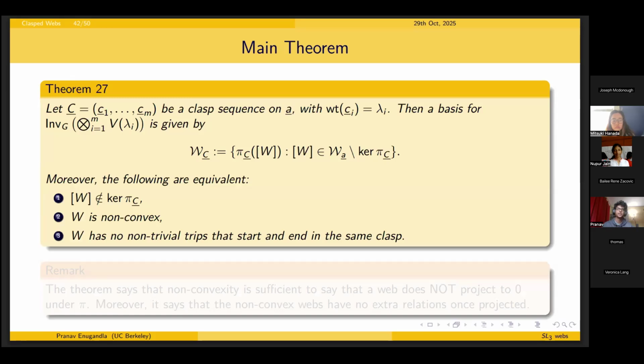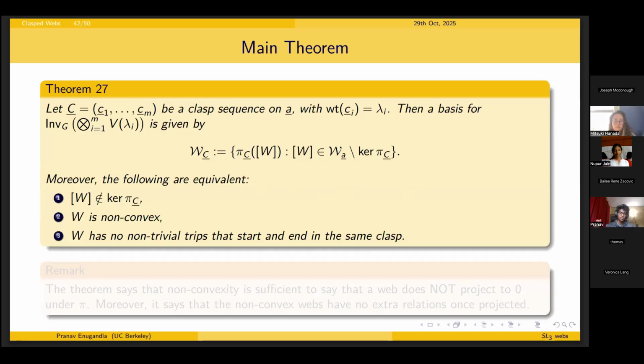Okay, so now we have this spanning set for this invariant space of arbitrary irreducibles, because I know that non-convex webs have to span this, because if you're not non-convex, you actually project to zero. So these ones are not important. So if I fix a clasp sequence, I could now ask, well, I have all these non-convex webs.